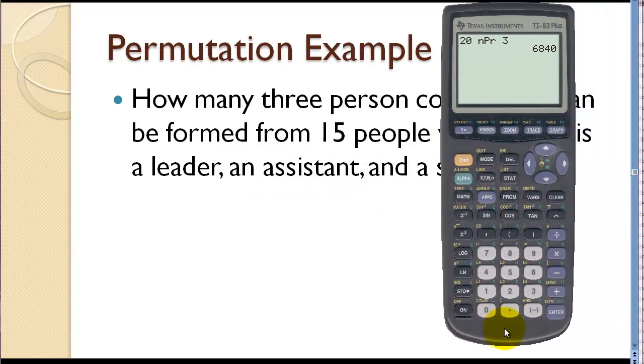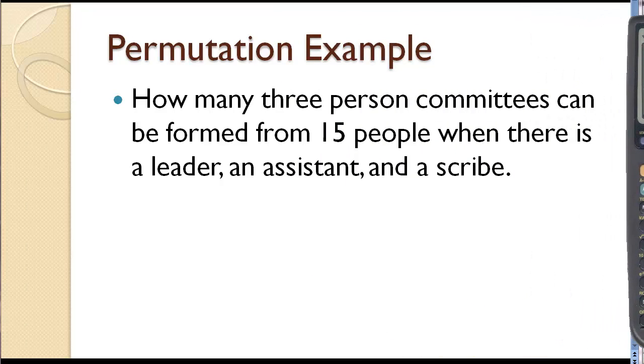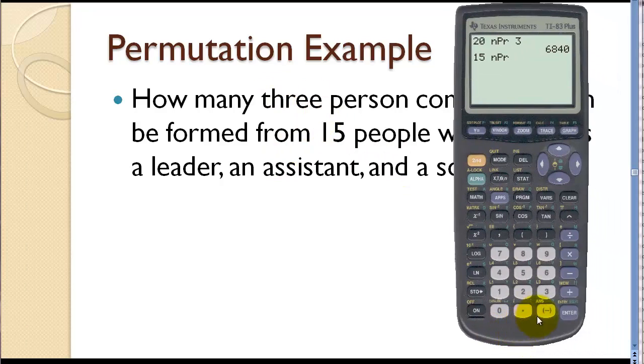To do this one, it's going to be 15, and it's a permutation because we are assigning roles. So we need the math button again, go to the probability menu, select item 2, and now we're selecting 3 people, 3-person committees. So let's put the 3 in there. So there would be 2,730 different committees that could be formed.